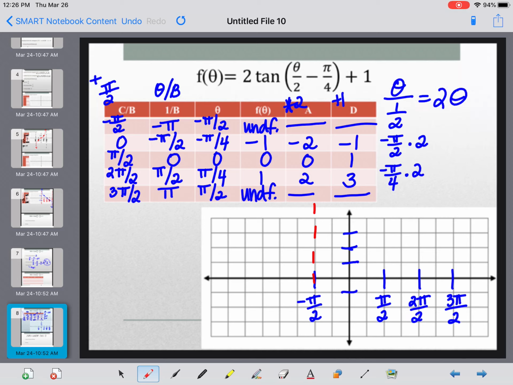All right, so negative pi over 2 is undefined, so an asymptote. 3 pi over 2 is undefined, so an asymptote. 0, negative 1; pi over 2, 1; and 2 pi over 2 is 3.